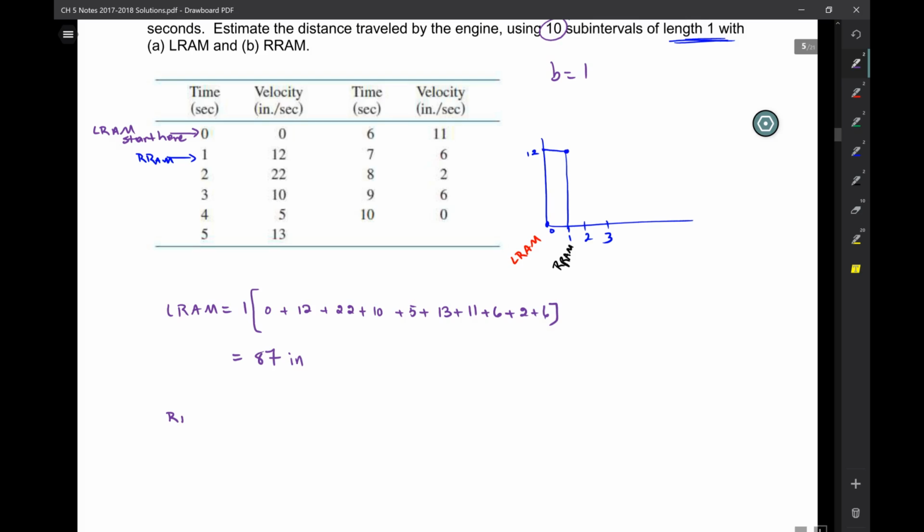Inches. So for RRAM, it's going to be the base times 12 this time, 22, 10, but one more in the end.